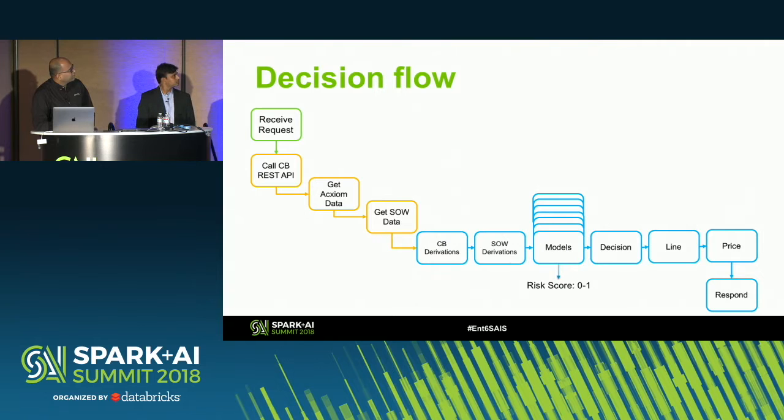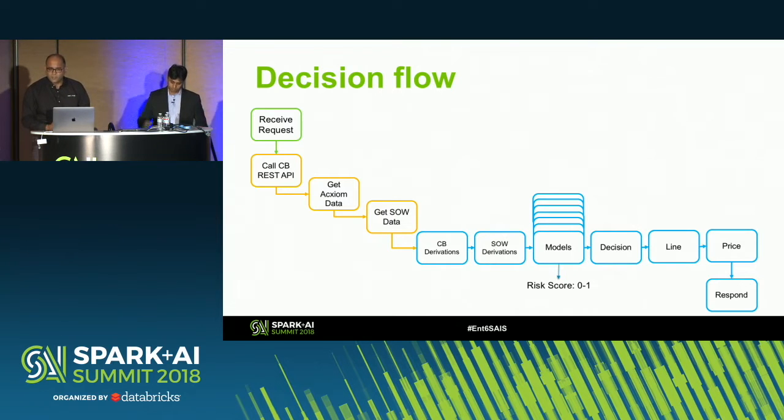The decision flow is when the request comes in, there's a callback from the credit bureaus, a callback from people like Axiom to get consumer demographic data, and there's a share of wallet data as well that comes from internal sources in the bank. So all of these 3 sources of information get pulled.